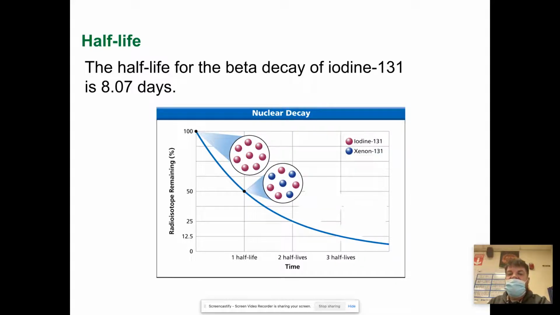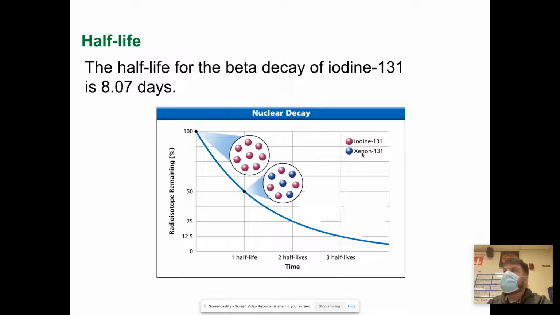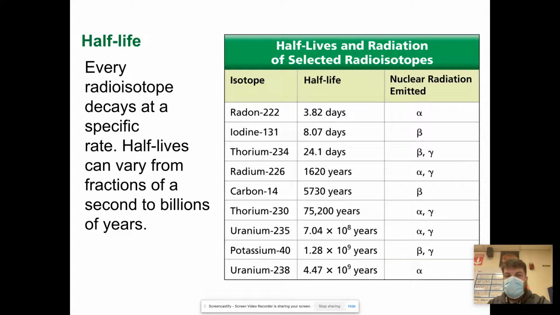And what happens is the radioactive material, so this is what they're saying, iodine-131 will decay and then it becomes another substance after it emits the extra nuclear material, whether it's an extra neutron or whatever. Okay?